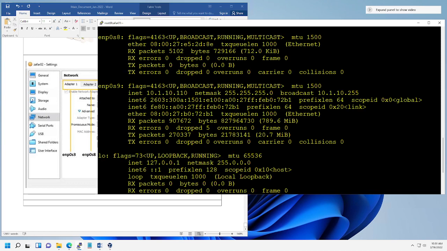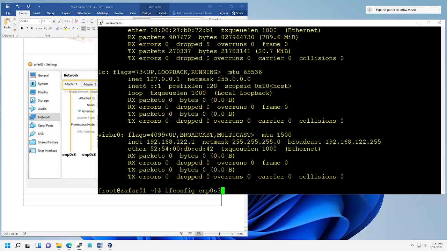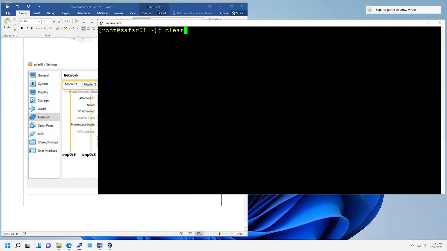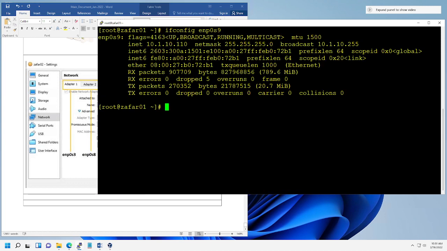So I have enp0s9. Okay, so the name of the adapter in this case is enp0s9.